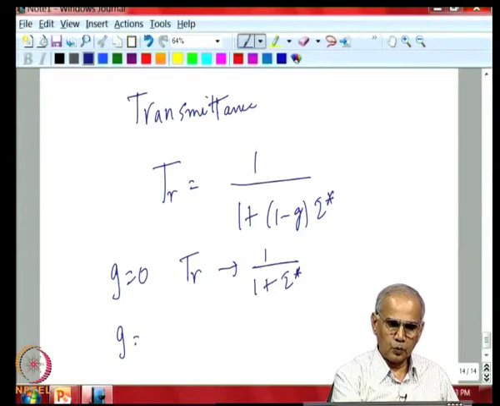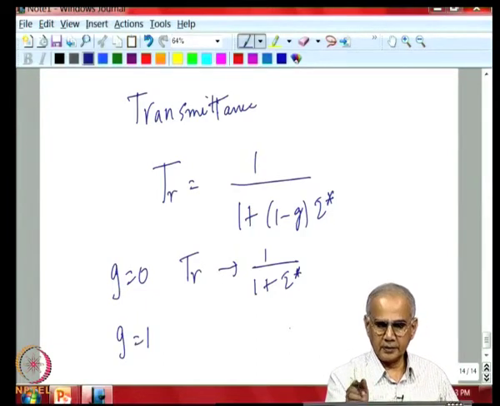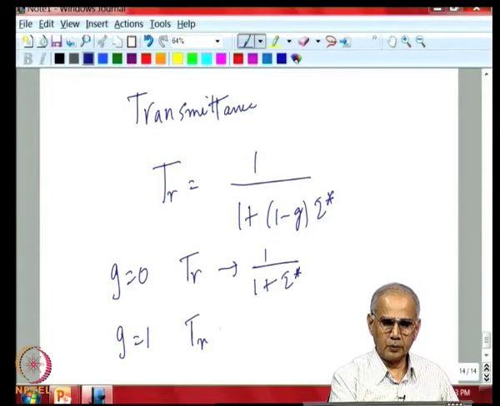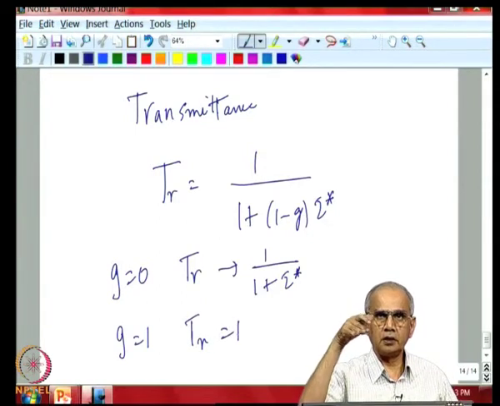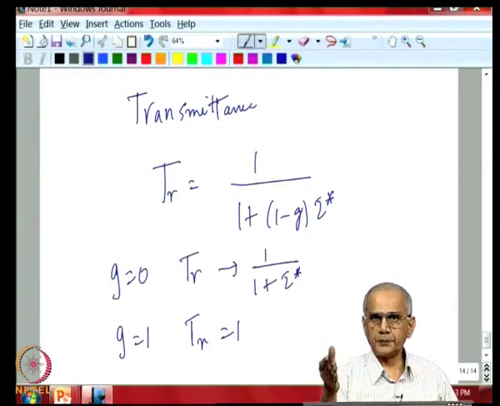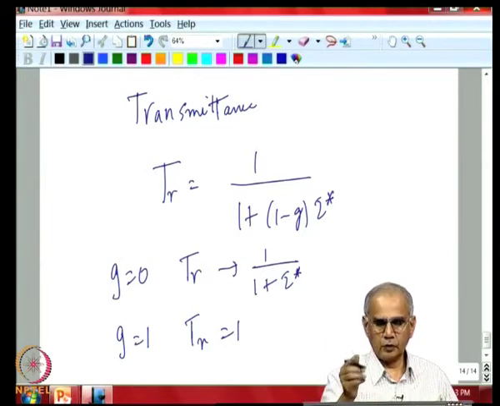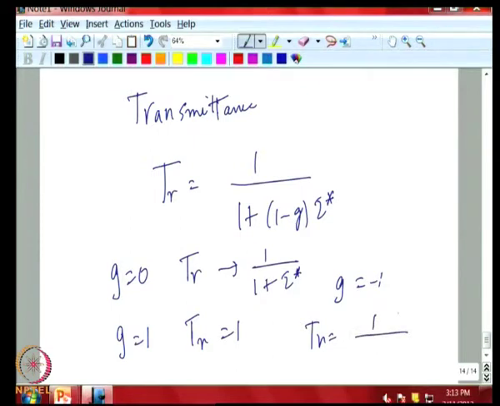Then g equal to 1, that is forward scattering, then transmittance is equal to 1, not surprising, all the radiation is transmitted in the forward direction, there is no absorption. And when g equals minus 1, transmittance is equal to 1 by 1 plus 2 tau star. So, quite clearly when there is backward scattering, the amount of radiation that is coming in the forward direction is much smaller than when there is forward scattering.